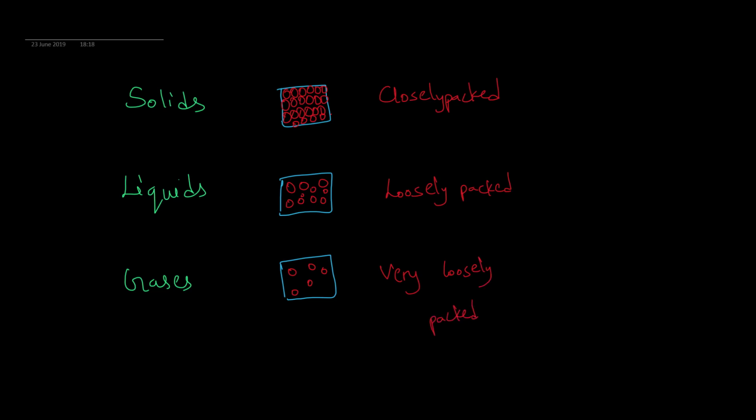These are how the particles in solids, liquids and gases are. Solids are closely packed, liquids are loosely packed and gases very loosely packed. On the basis of particle distribution of matter, their properties are differentiated. Now let's see the different properties of matter.